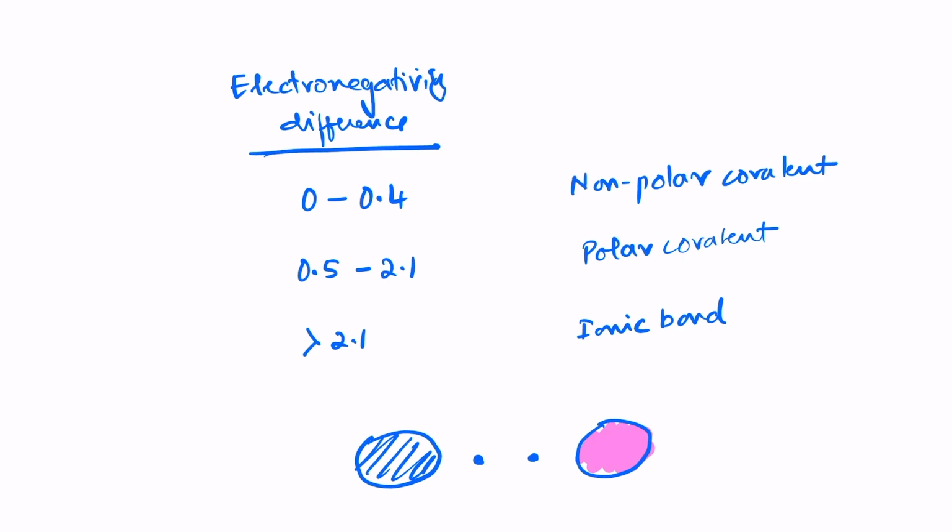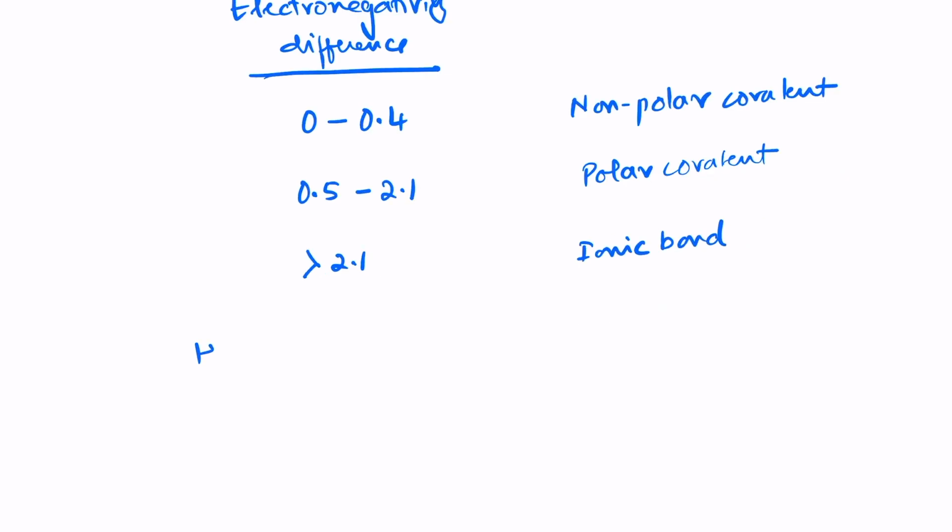Let's take a look at a few examples. Say you have the molecule HF, and you're trying to figure out if the bond between H and F is going to be polar or non-polar. You'll have to look it up: there is an electronegativity table or chart where you'll find the values. Most textbooks have those values.